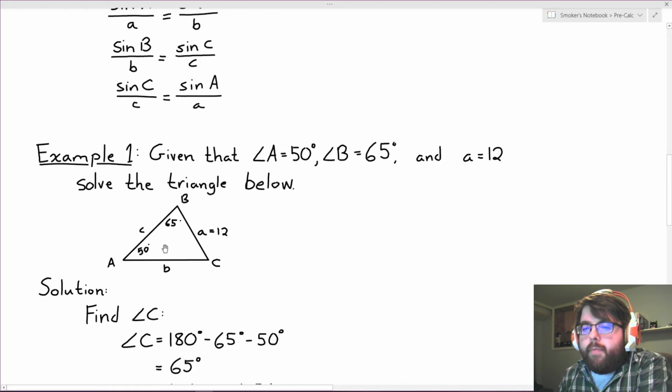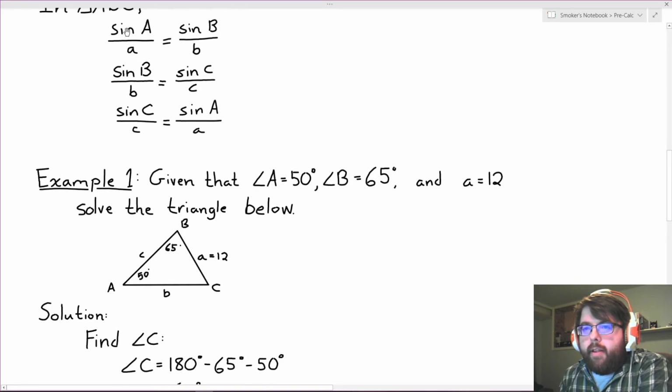I'm going to start with side B, okay? If I know 50, this value here, and I know A, I can use the law of sines that uses A, and so sine of 50 over 12, okay? And if I'm looking for side B, I'm going to match that up with this part here.